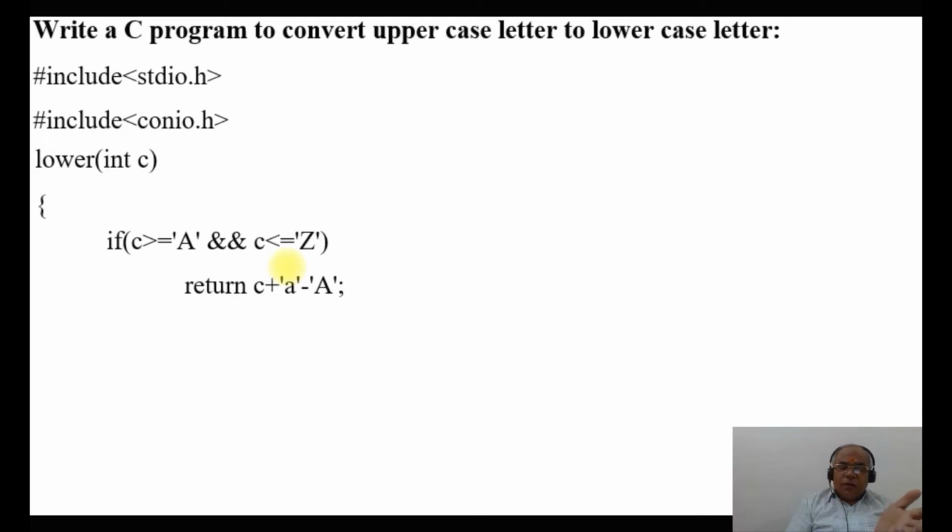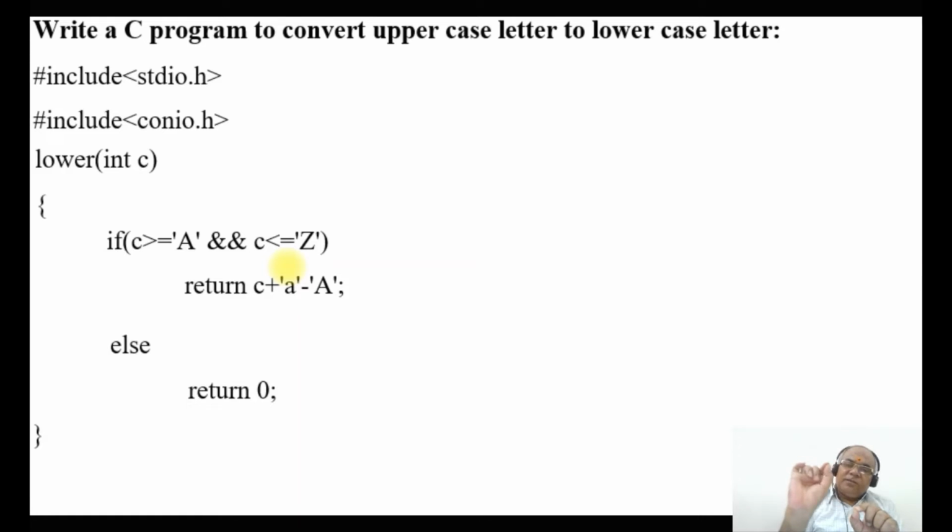If the condition is false, then it should return the value of c itself. What does that mean? Suppose instead of typing a character in uppercase, I type a character in lowercase. If I write capital A, it should be converted into small a.